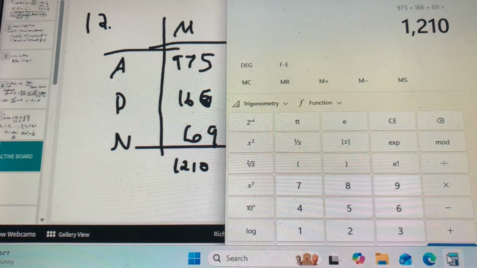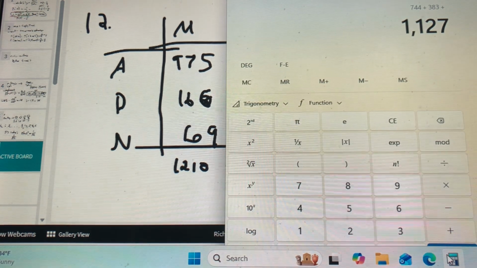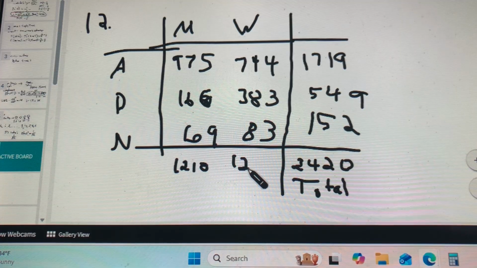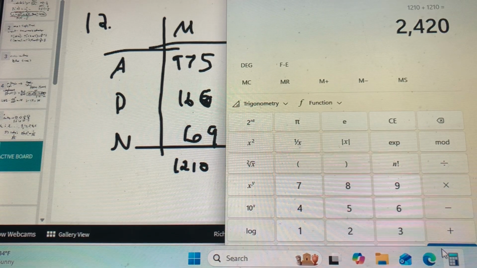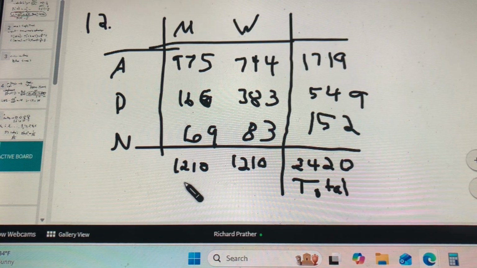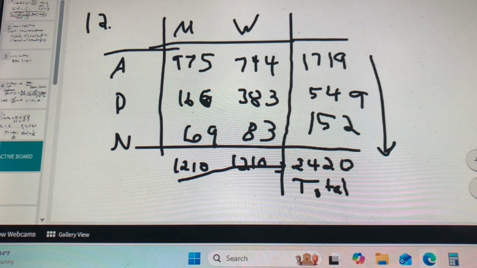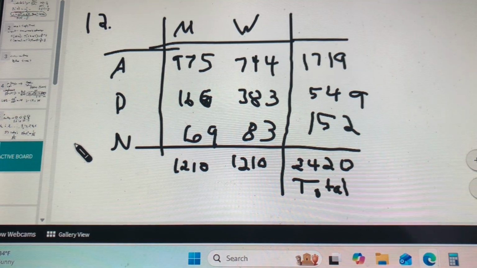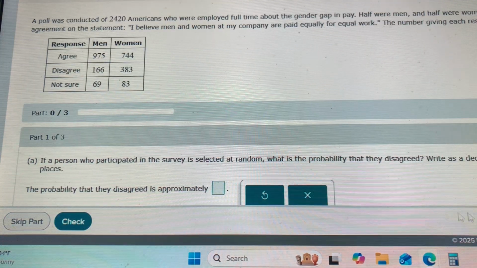For the women, it's 744 plus 383 plus 83. 1210 for them. 1210 plus 1210, notice that you get the same grand total of 2,420. That has to be true. Just use that as a double check. Because if it doesn't add up the same both ways, then you made some kind of misadding or mental mistake that I often do too.